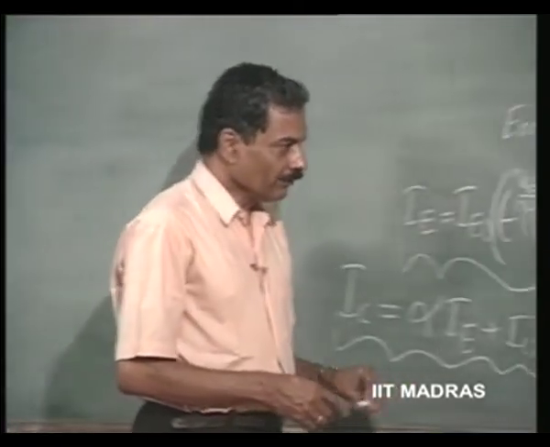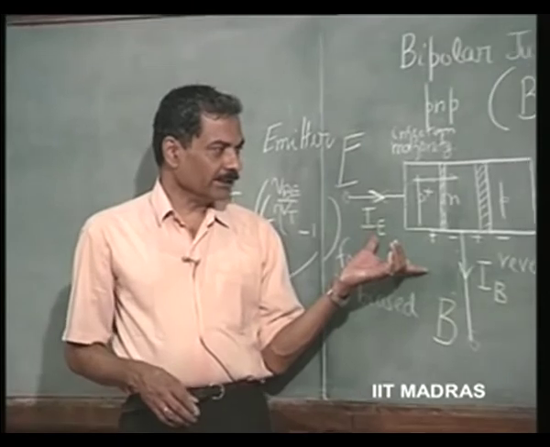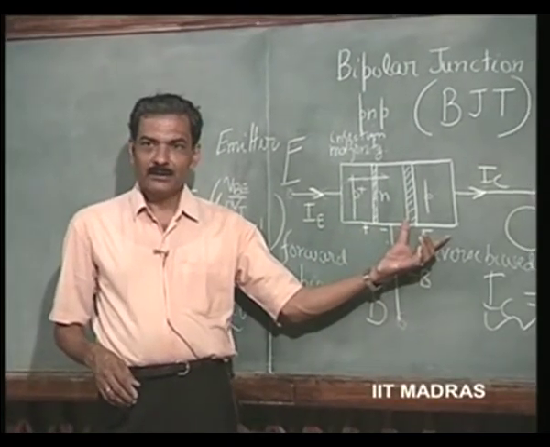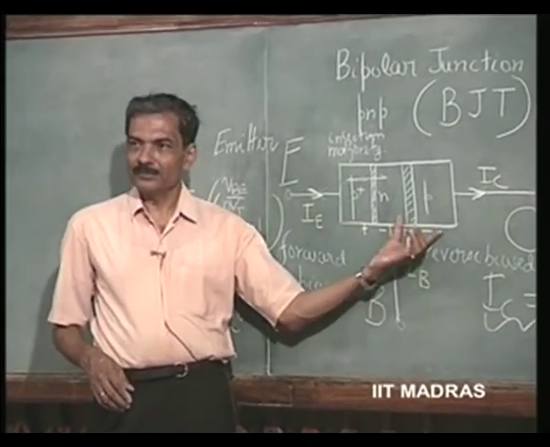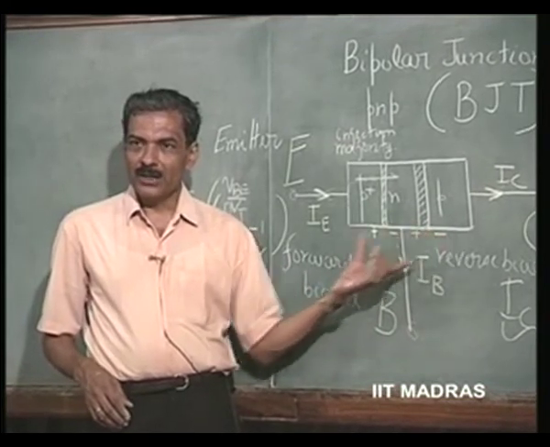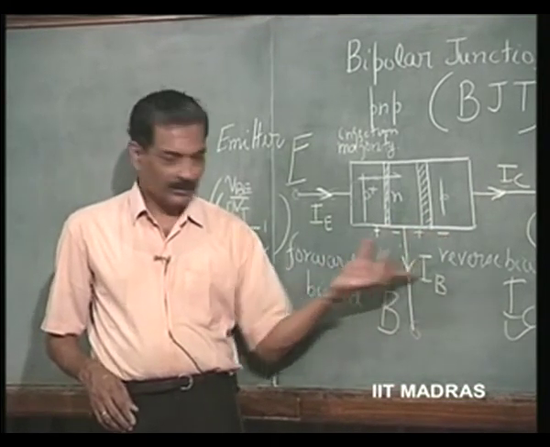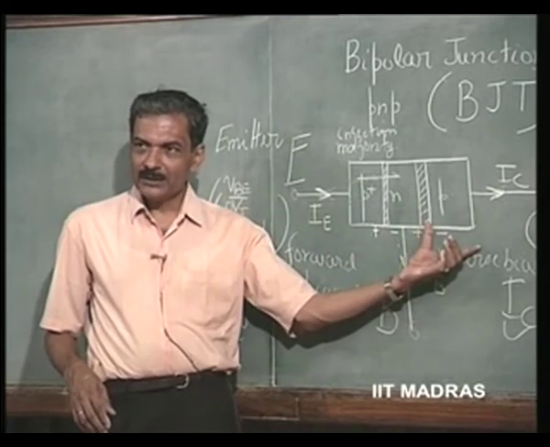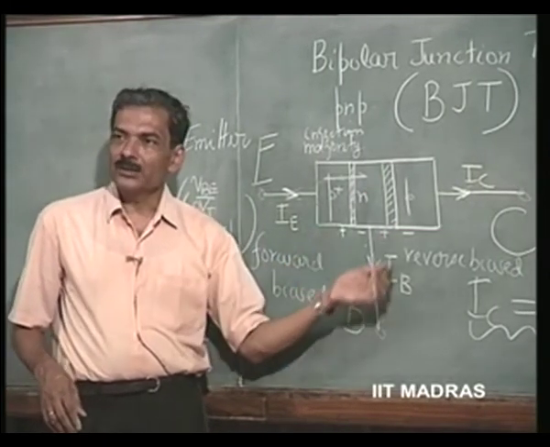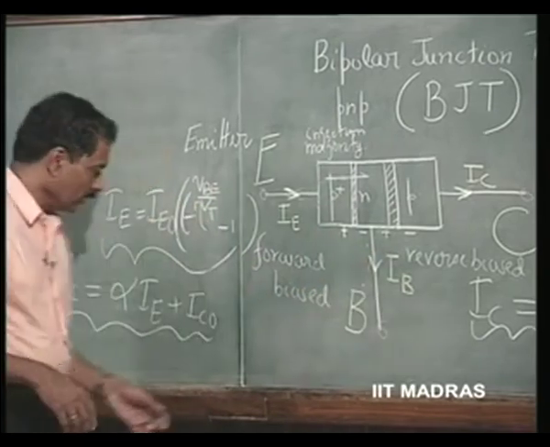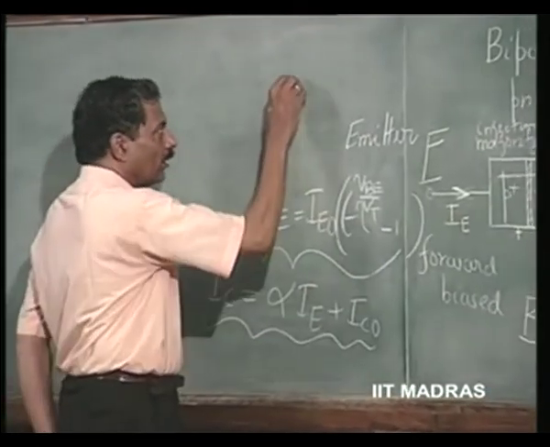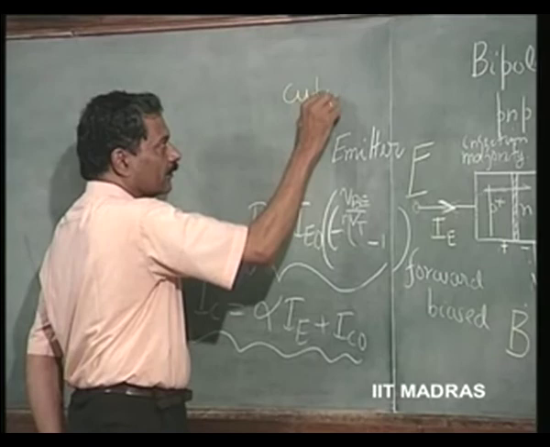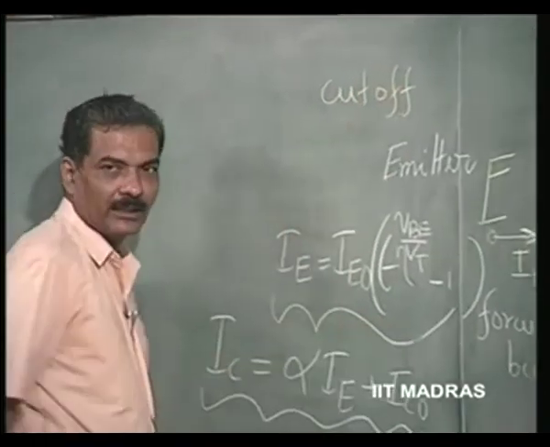If you now reverse bias this and reverse bias this, both the junctions will be off. That is called the cut off region. This diode is reverse biased, this diode also is reverse biased. The entire thing is an open circuit. So, this is called the cut off region. The transistor is said to be cut off.